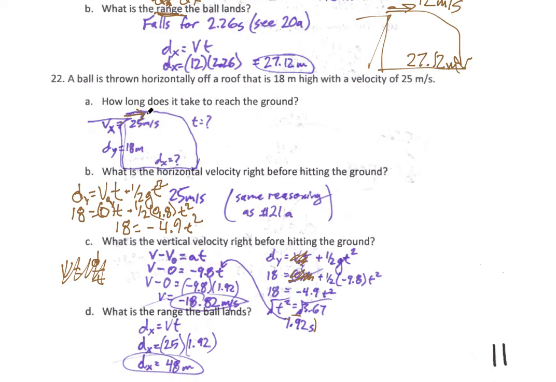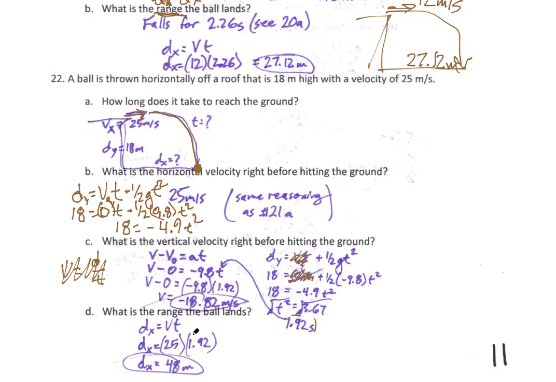If this object is falling, as soon as it hits here, it's going to land at some time. Well, whatever that time is in the y direction, it's also that time in the x direction as well. Because it's not like one object can have two separate times for its vertical component and horizontal component. The object hits the ground at whatever time the object hits the ground at. It doesn't matter if it's y or x.